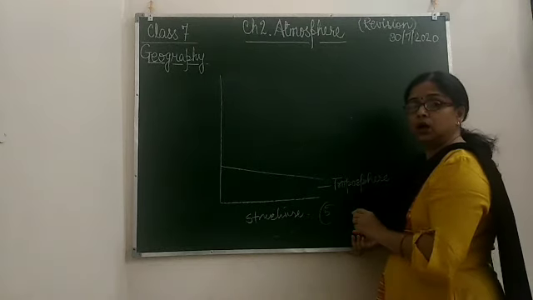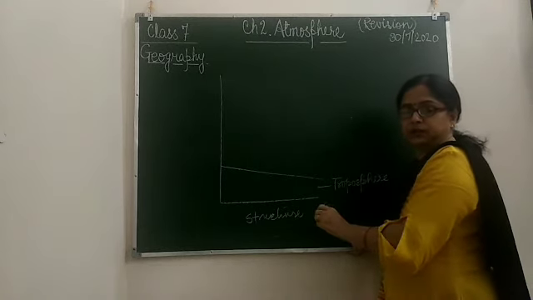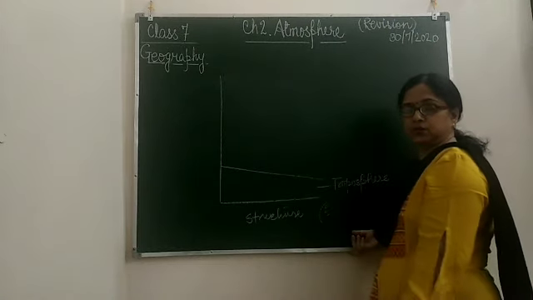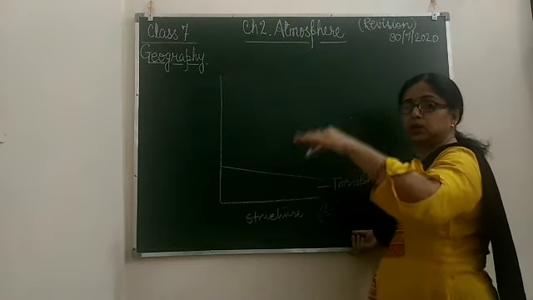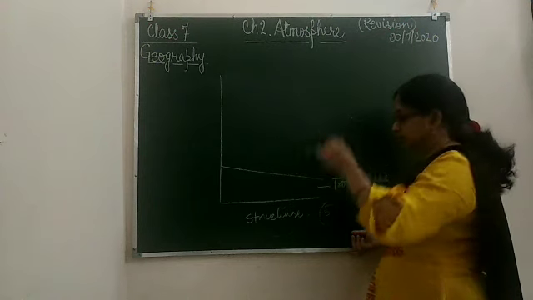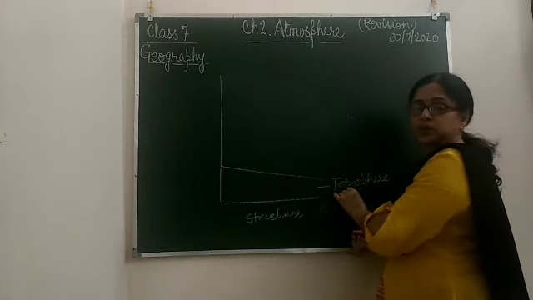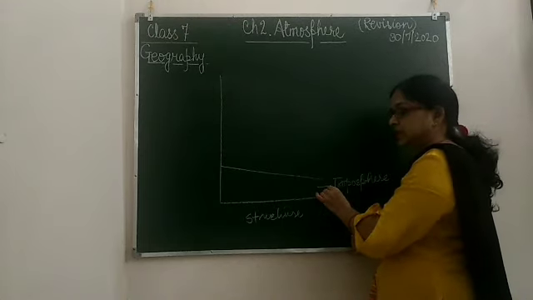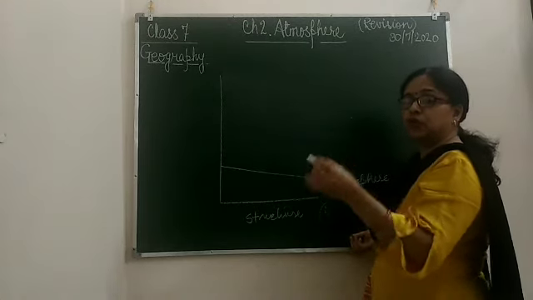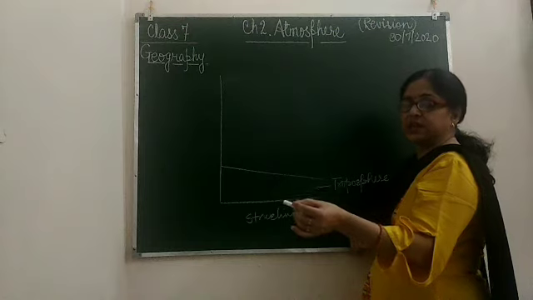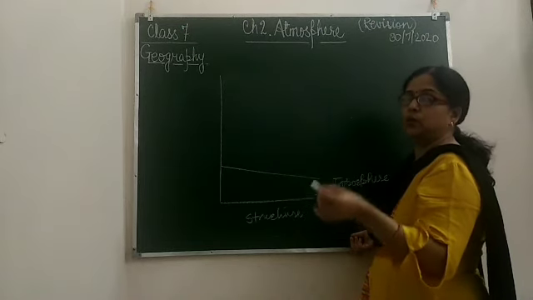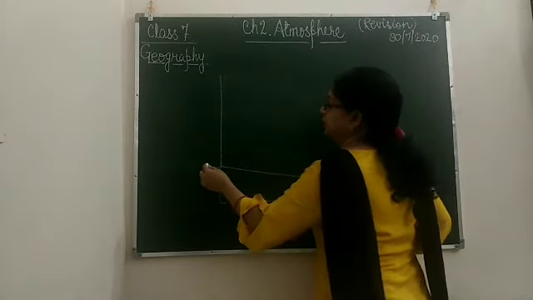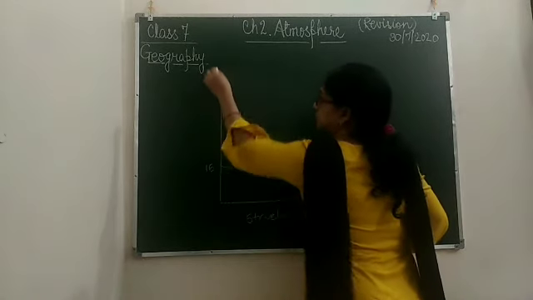This is the lowest layer. Lowest means towards the earth surface. The lowest layer among the 5 layers is the troposphere. The height of this layer varies: at the poles it is 8 kilometer, whereas at the equator it is 16 kilometer.